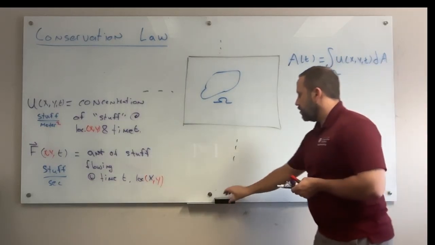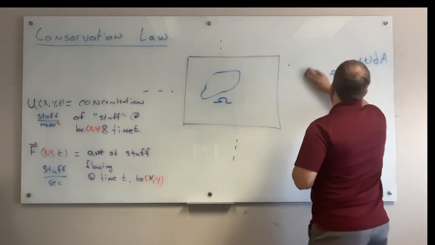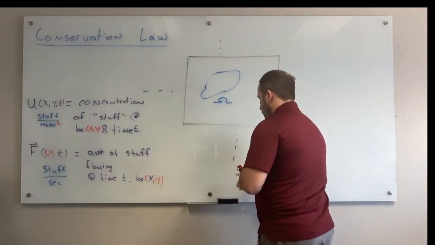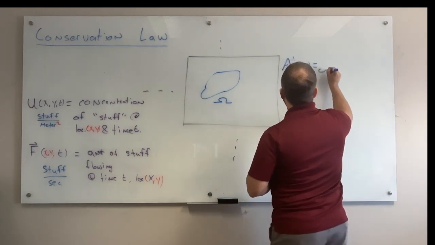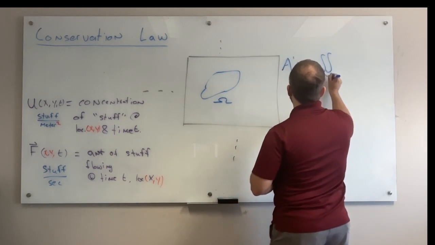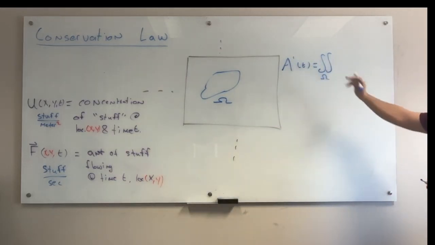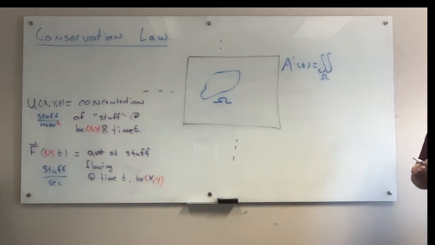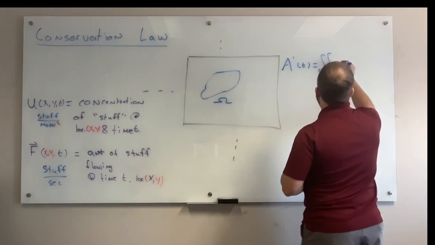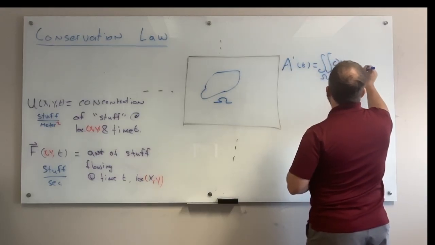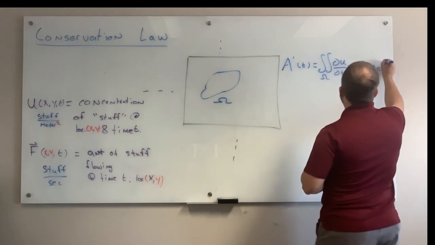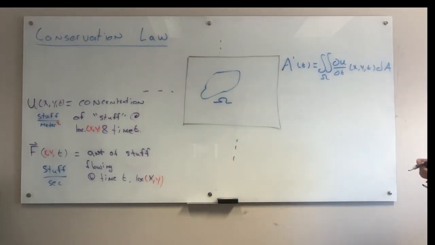Then if we take a derivative with respect to time, that tells us how the change is. We're going to get A prime of t equal to the double integral. I only had a single integral before, which is not wrong, but a double integral is maybe more common. And then we get the derivative of u with respect to t, of x, y, t, dA like this.